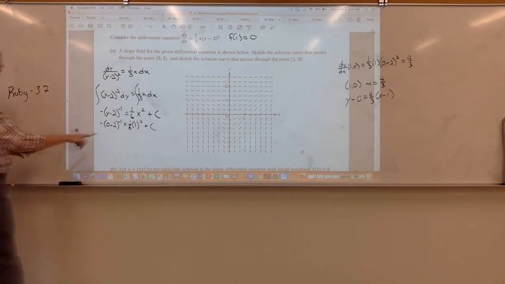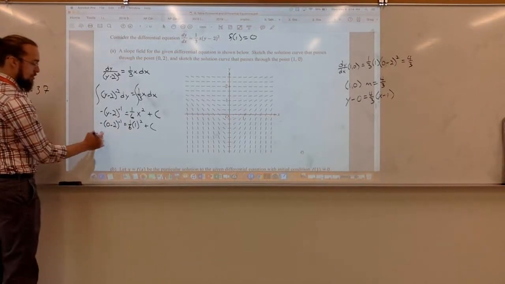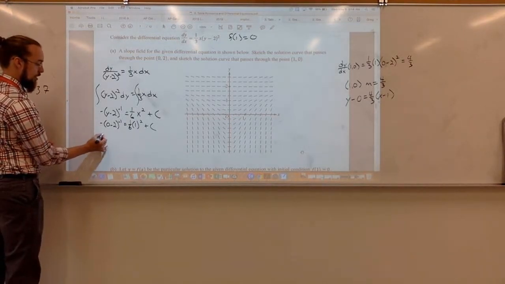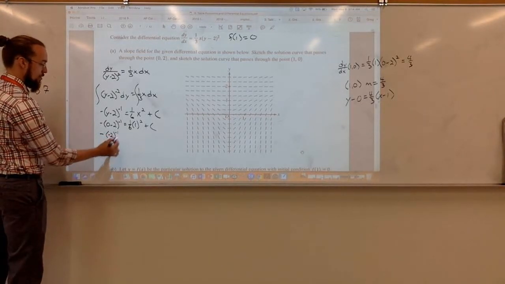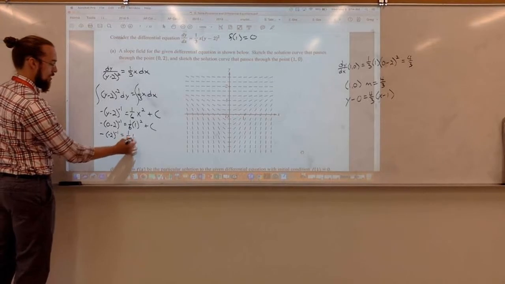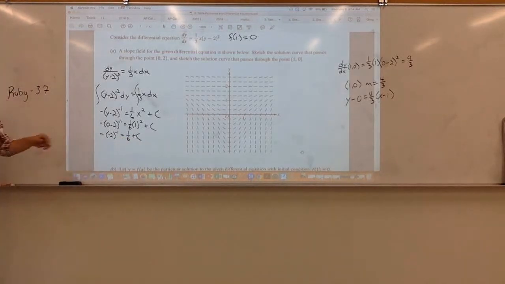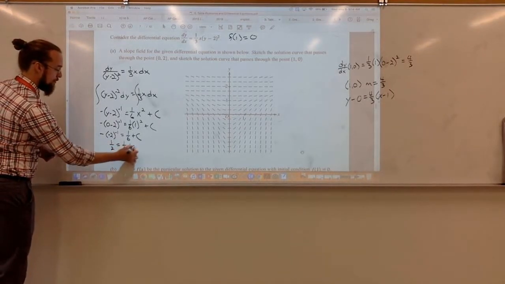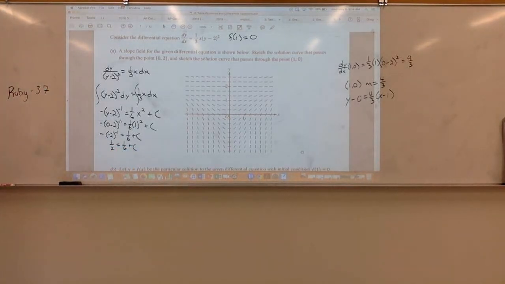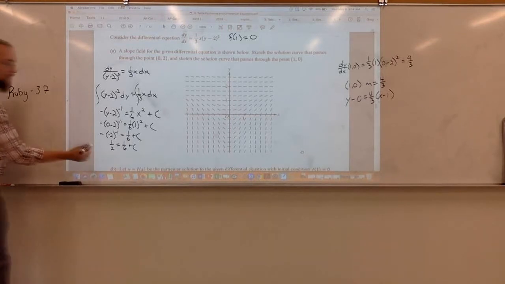Solve. So this is, let's see, negative 2 to the negative first. So how would I do that? What does that mean? Yeah, this would be 1/2. So then I subtract the 1/6 over.